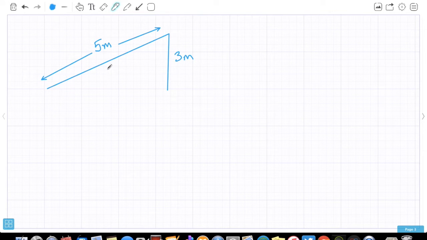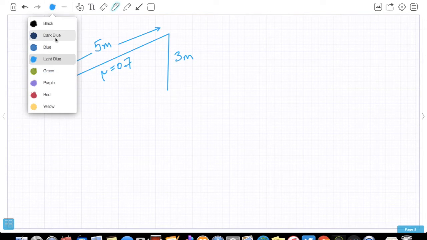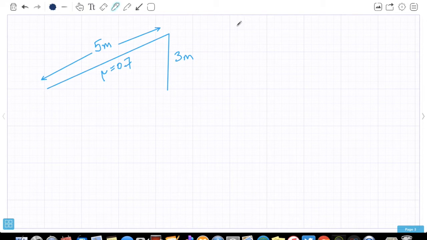Now they give us a coefficient of friction, but you will see that we don't actually need that. That's a red herring. It's a piece of information that is not necessary. Okay, so what else are we given? Well, we know the mass of this particular object is 30 kilograms.